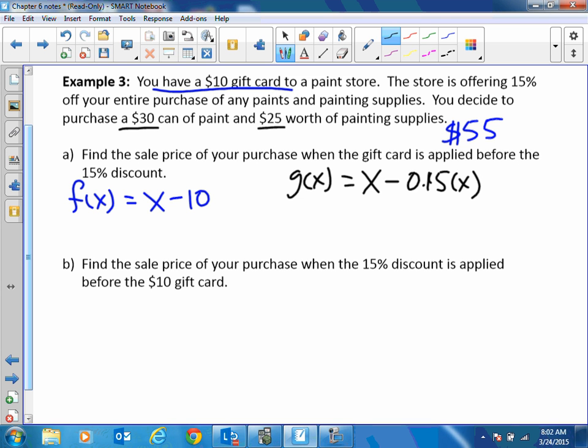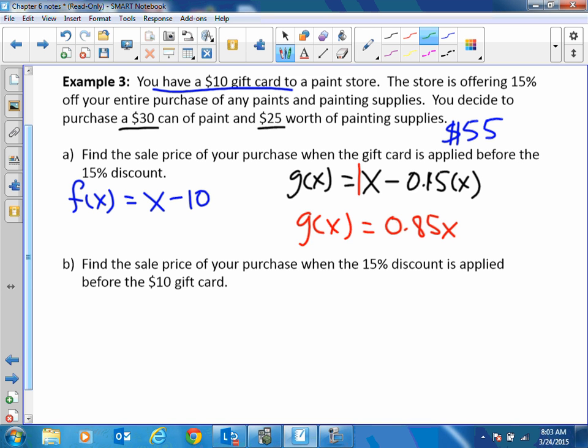Or, if we think about it this way, 1x, or 100% of x, minus 15% of x, or minus 0.15x, is going to be 0.85x. So that's the second function. If I'm taking 15% off something, I'm paying for 85% of it, which is 0.85. So I'm taking 0.85 times whatever I spend to get that.